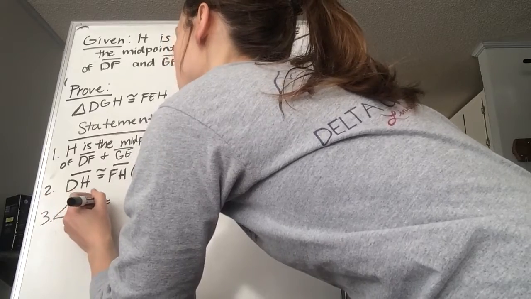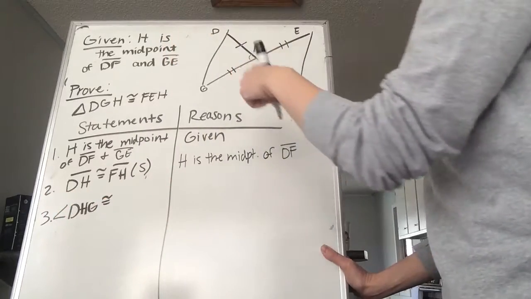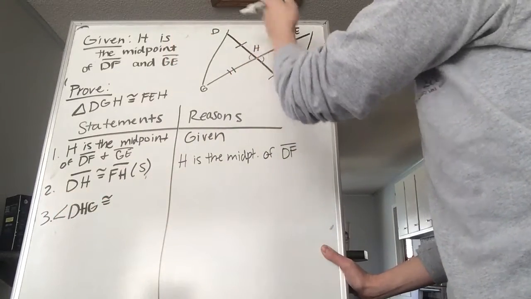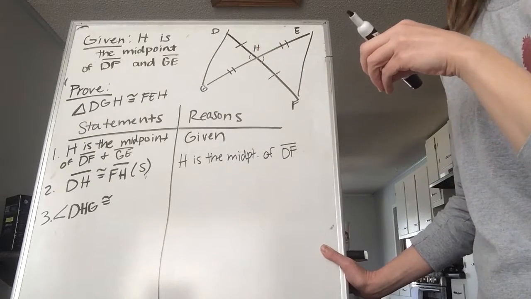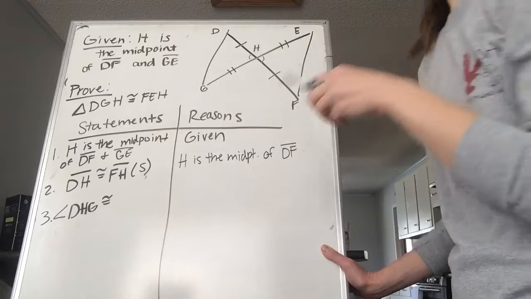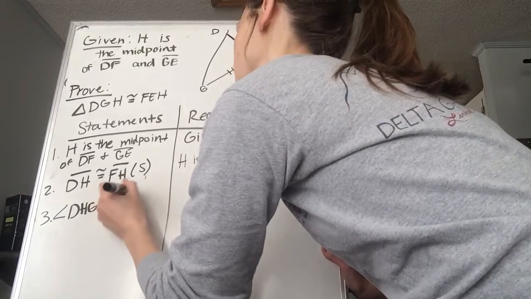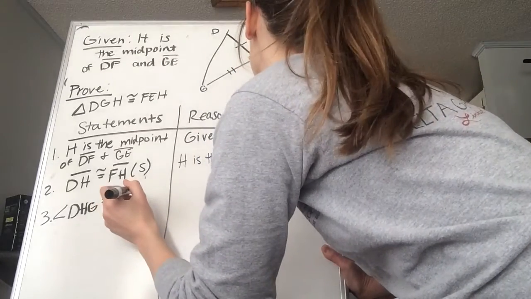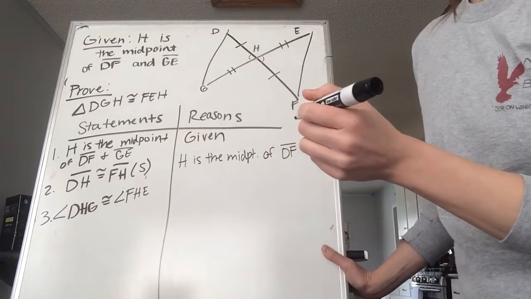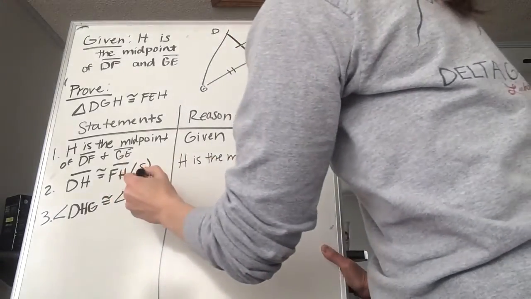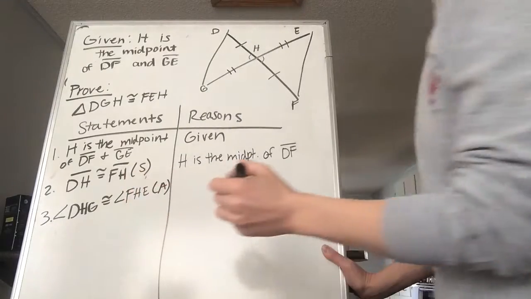We can't just say angle H because which way is it? So we need to use 3 points to establish the whole angle. So angle DHG is congruent to angle FHE. That would give us our angle.